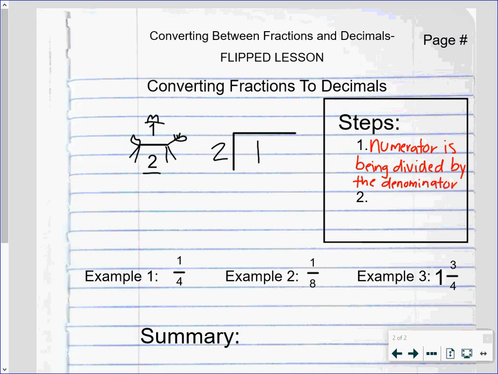The numerator is being divided by the denominator. So that's why it's going to go inside, and the 2, the denominator, is going to stay outside. Our next step is to divide like normal.